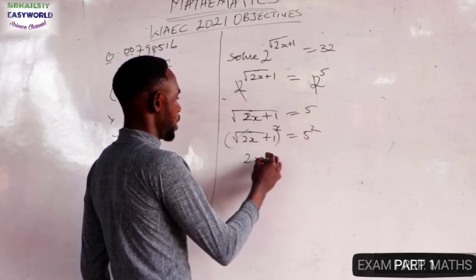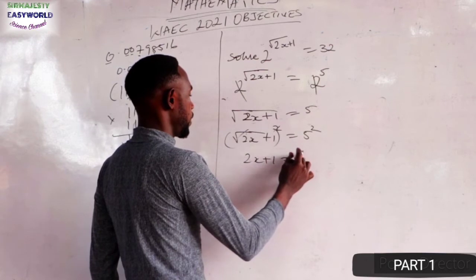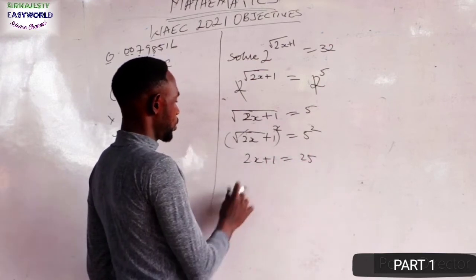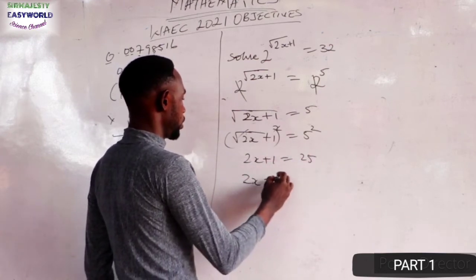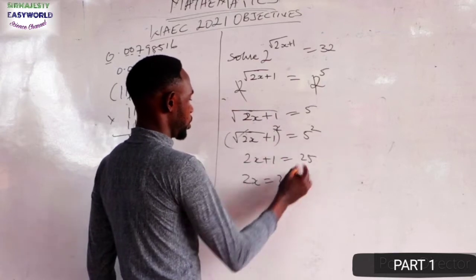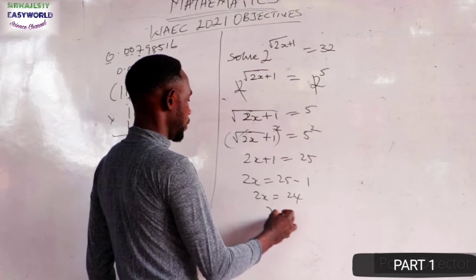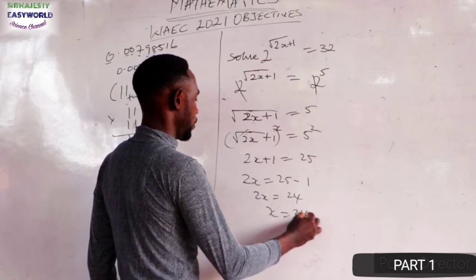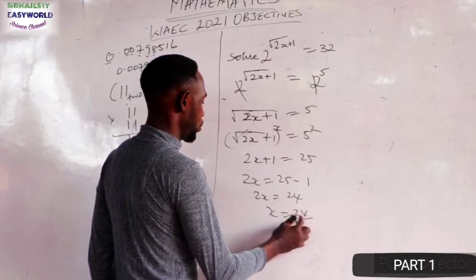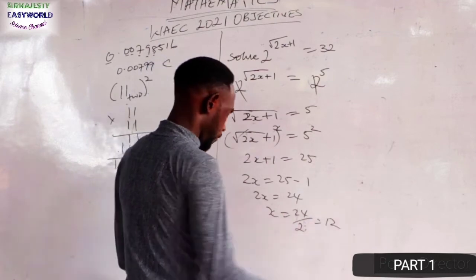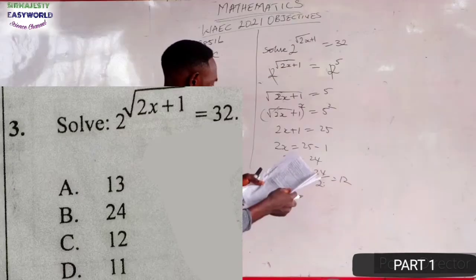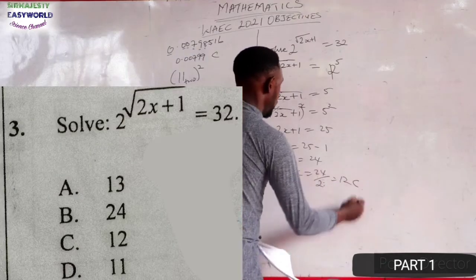We are left with 2x plus 1 equal to 25. Then 2x is equal to 25 minus 1, such that 2x is equal to 24. X alone is equal to 24 divided by 2, which gives us 12. So option C is the correct answer, 12.